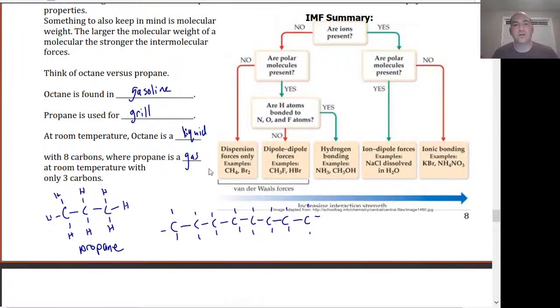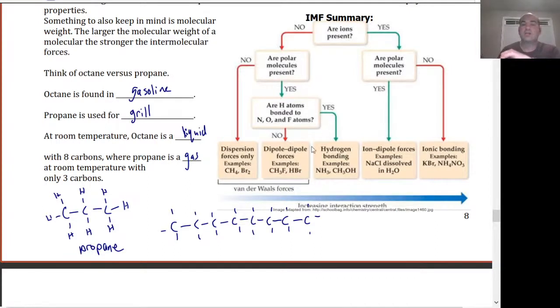All right, so here's a nice little flow chart, how you decide what types of intermolecular forces are present. What are the strongest forces? So first, are there ions? Let's say no. Are any of the molecules polar? Let's say yes. Are there H atoms that are bonded to N, O, and F? Yes.